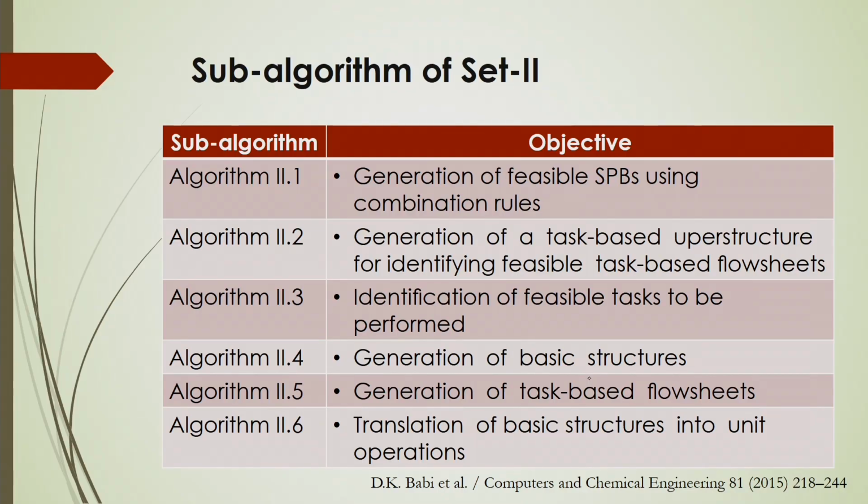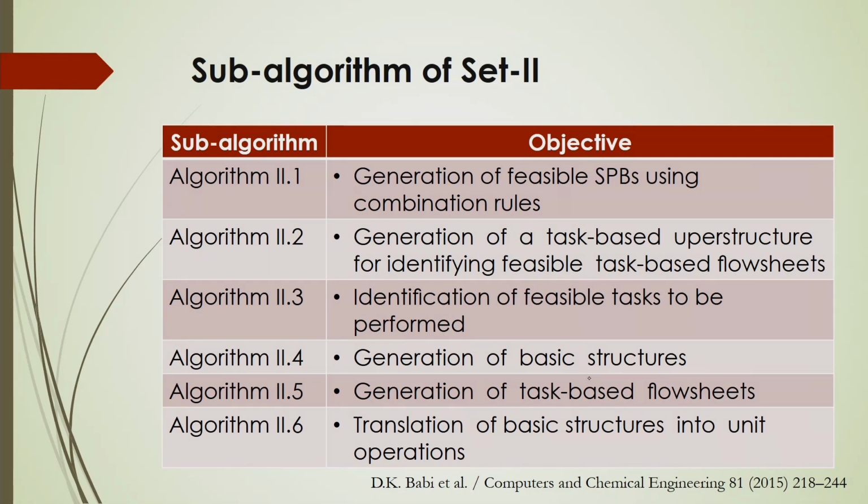Some sub-algorithms are also to be considered under set 2. In that case, the objective is the generation of feasible simultaneous phenomena-based building blocks, which are used for combination rules.